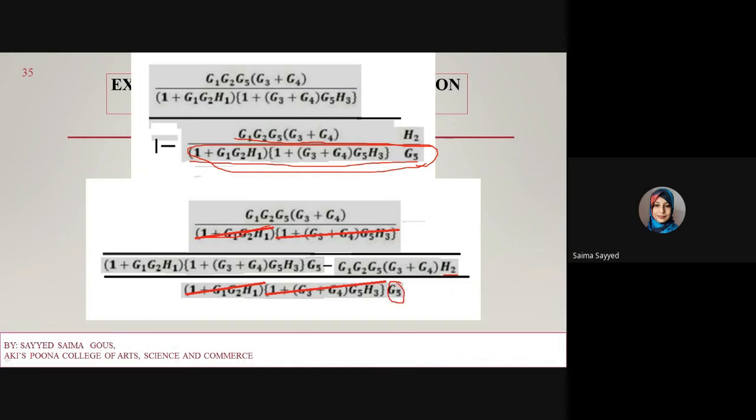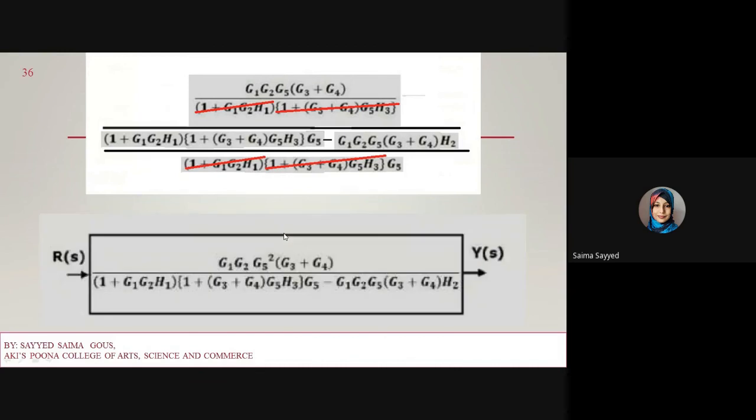This G5 gets multiplied with this G5 and it will become G5 squared. So this is converted into a single block: G1 G2 G5 squared (G3 + G4) whole term divided by 1 + G1 G2 H2 into 1 + (G3 + G4) G5 H3 into G5 minus G1 G2 G5 (G3 + G4) H2. So this is the conversion.